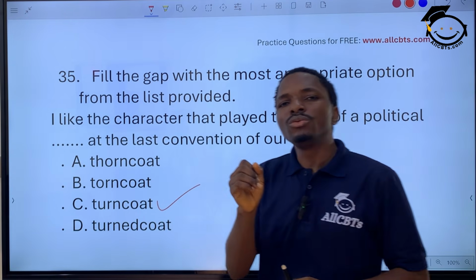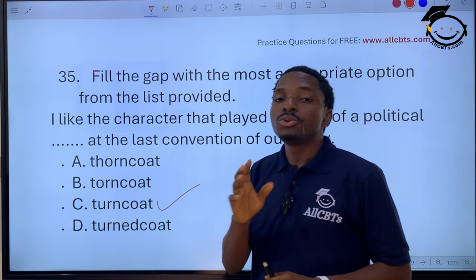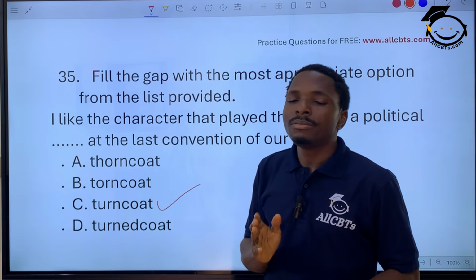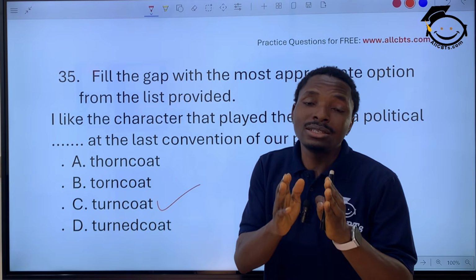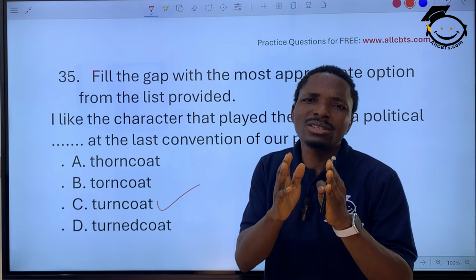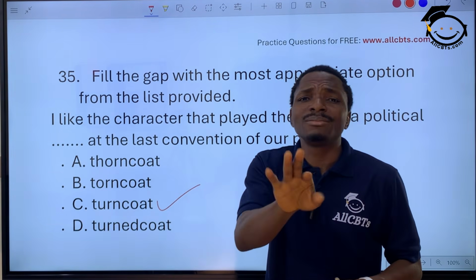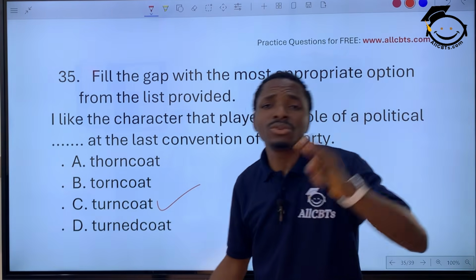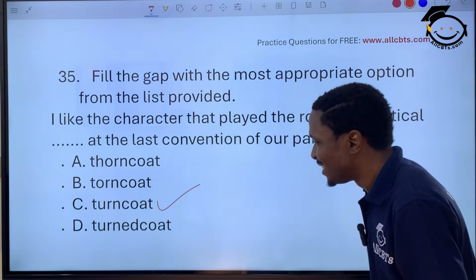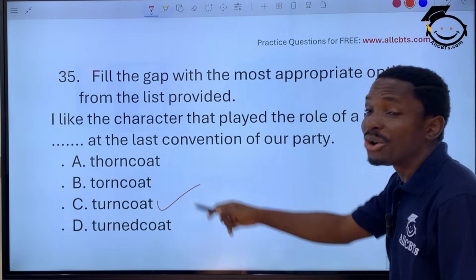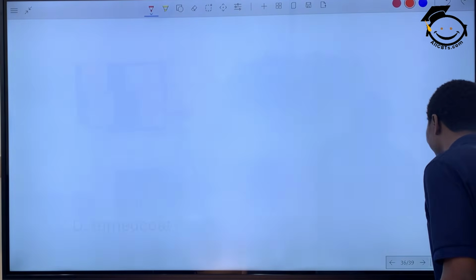It is a political word used for defectors, party members who do not stay allied. They go out of a party to another party, then come back to the first. They don't stay in one party. Like we have it in Nigeria, they are all turncoats.